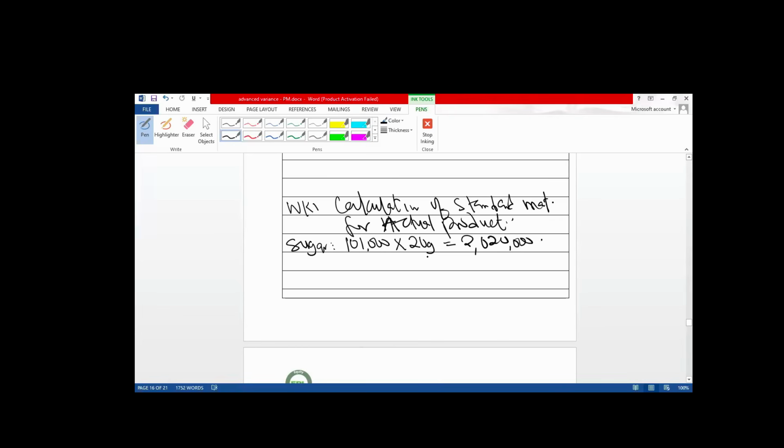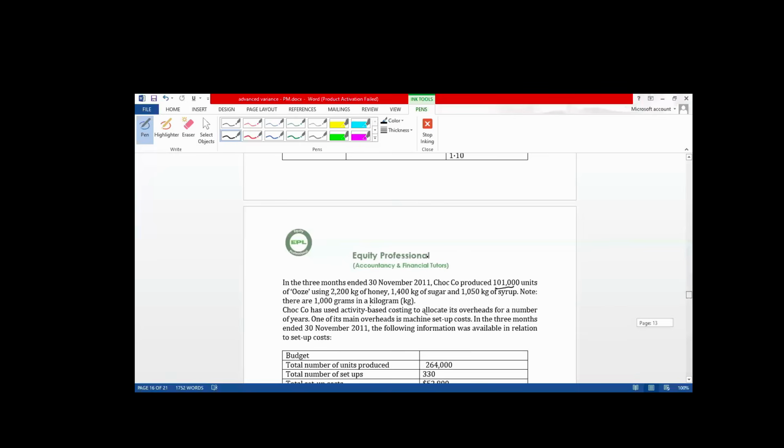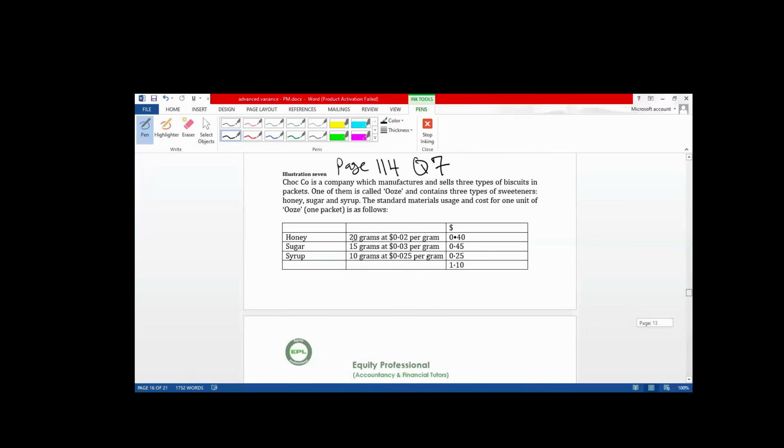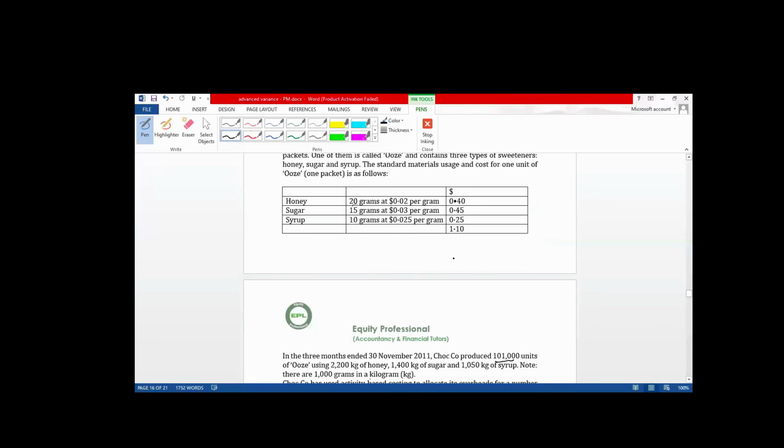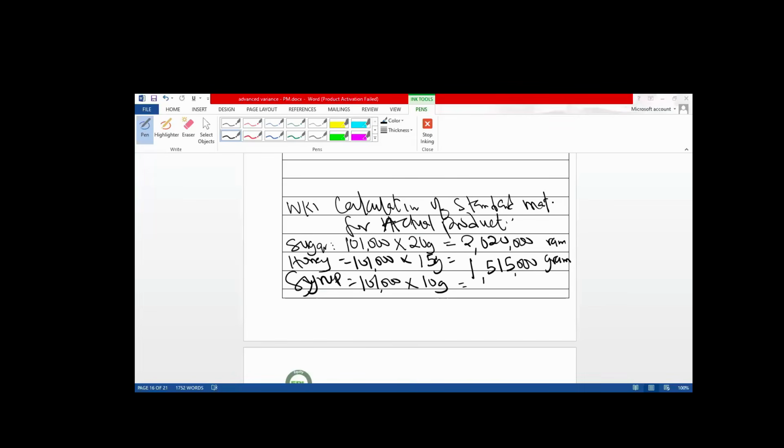What do you have? I'm supposed to use 1,515,000 grams. This is the standard material for actual production in grams.